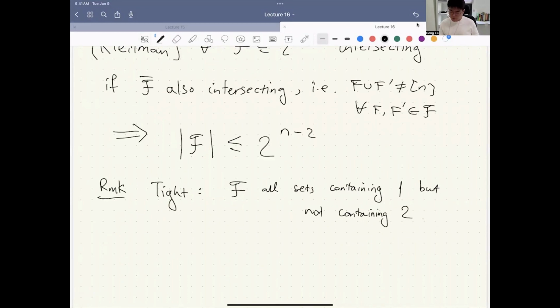If you think of it as vectors, the first coordinate, we take it. Second coordinate, we don't take it. And the rest, whatever.